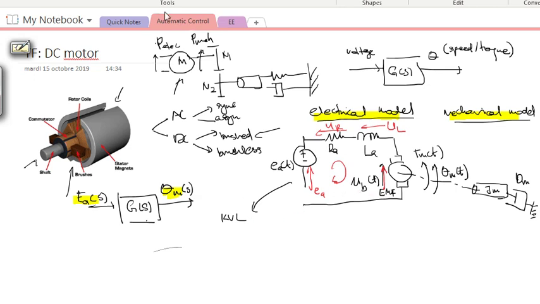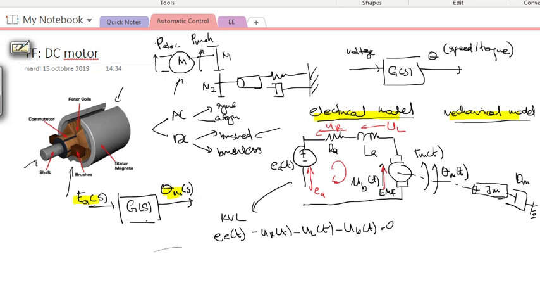So if we write the KVL, going through the loop, the KVL says that EAT minus URT minus ULT minus UBT equals 0, right?